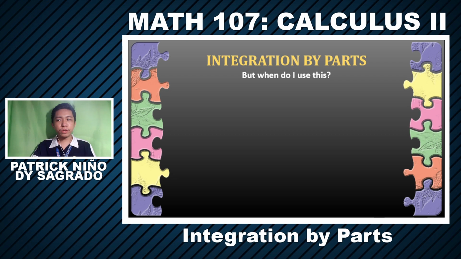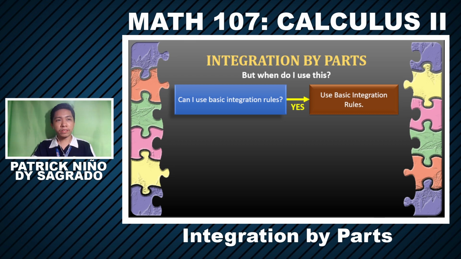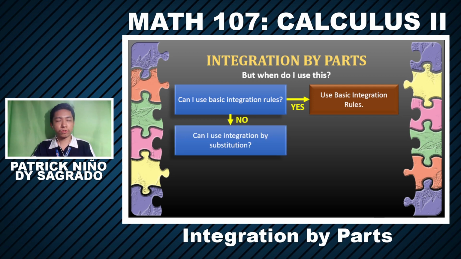What we can do here is follow this flowchart that I've created. Ask yourself, can you use basic integration rules in the given integral? If the answer is yes, then use basic integration rules. As simple as that. If no, ask yourself again, can I use integration by substitution?